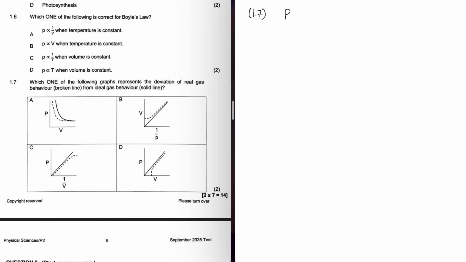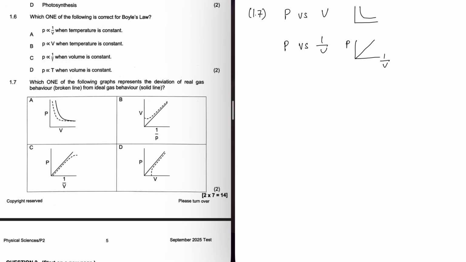So P versus V should look like this, right? That's an inverse relationship. But we just said that P versus 1 over V, so pressure is directly proportional to 1 over V. So in other words, if you have a pressure and 1 over volume, then it should be a straight line.